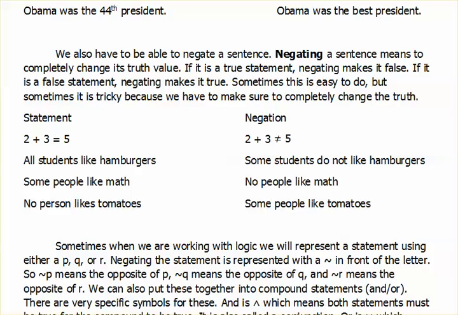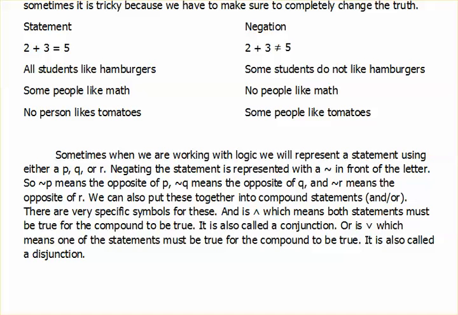No person likes tomatoes. So nobody, not anybody, not one single person likes tomatoes. To make that false, we would have to find someone who did like tomatoes. That would be the negation of that statement. Now, when we work with logic specifically, we usually use letters like P, Q, and R to stand for statements.